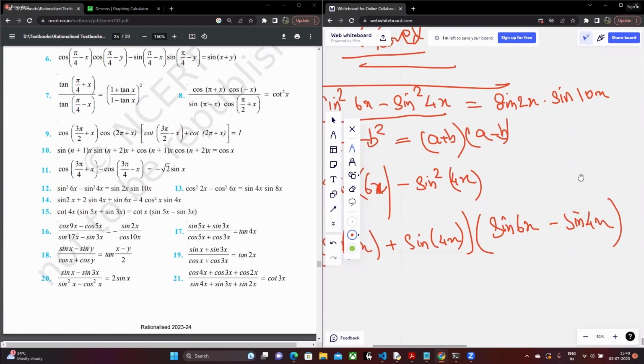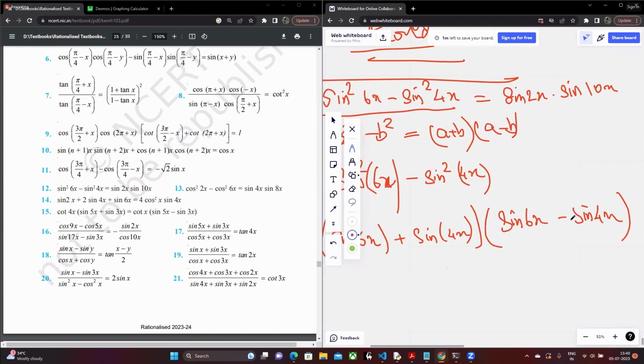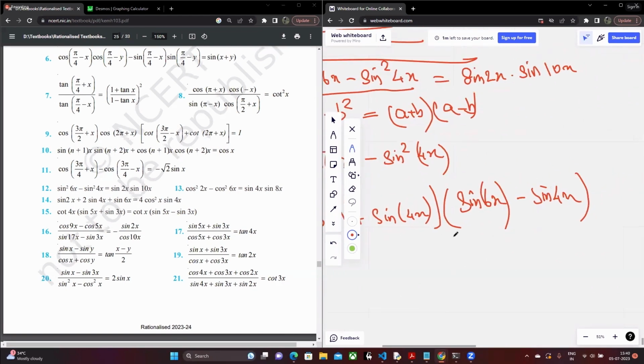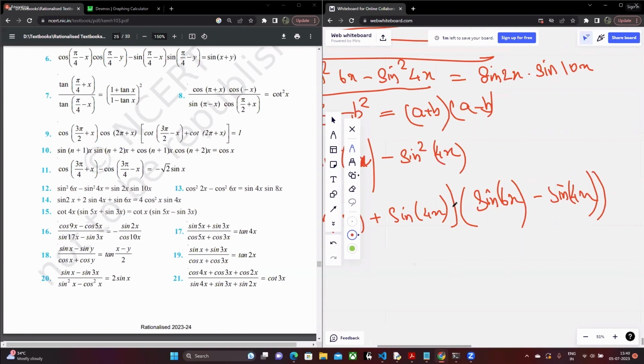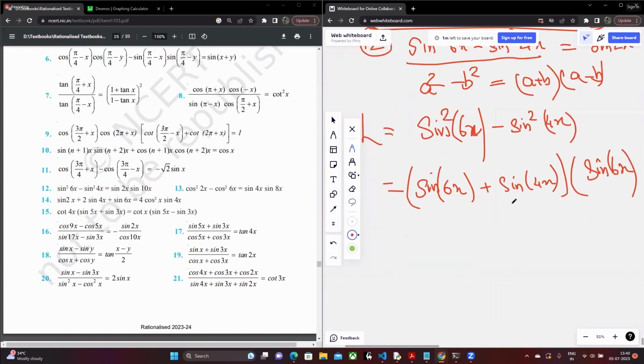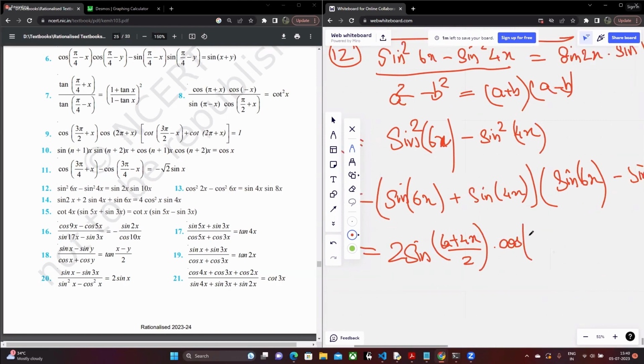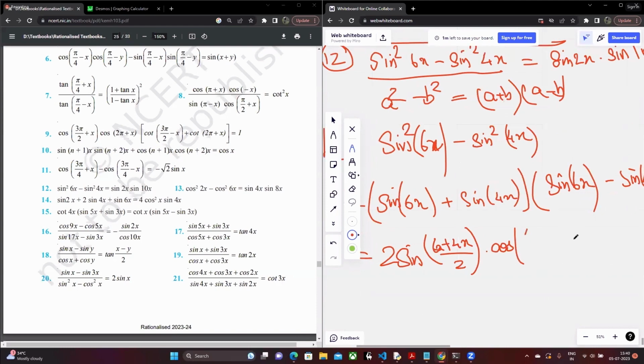Remember that sine x plus sine y is going to be what? 2 sine of 6x plus 4x by 2 into cos of 6x minus 4x by 2.